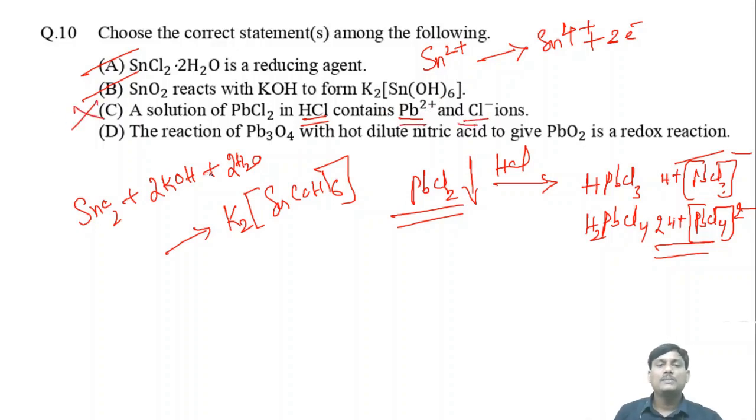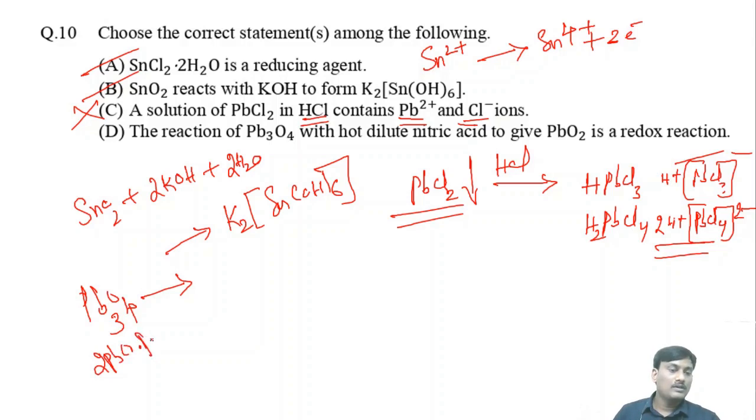The reaction of Pb3O4 with hot dilute nitric acid to give PbO2 is a redox reaction. Okay, let us take Pb3O4. It's a mixed oxide, you know that: 2PbO and PbO2. It's a mixed oxide of PbO and PbO2.